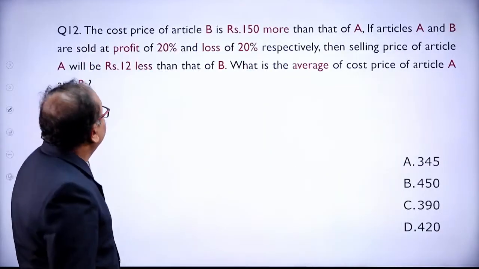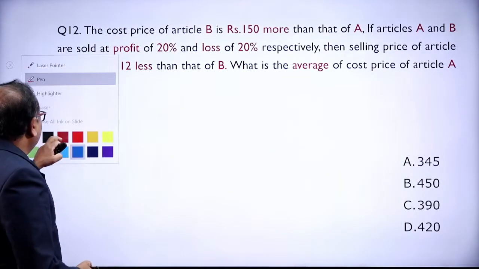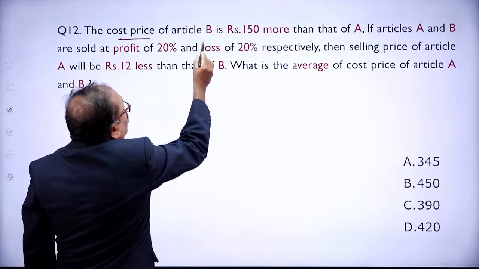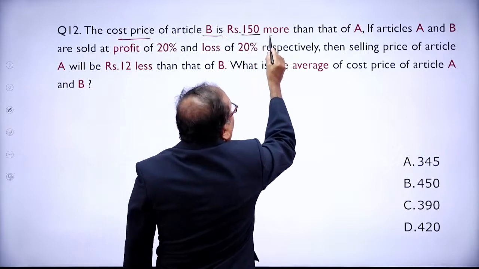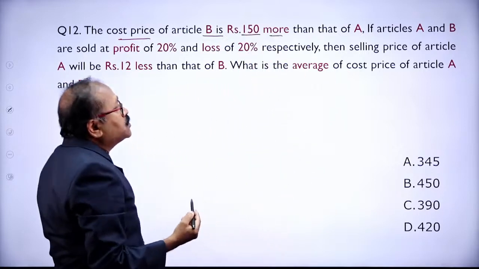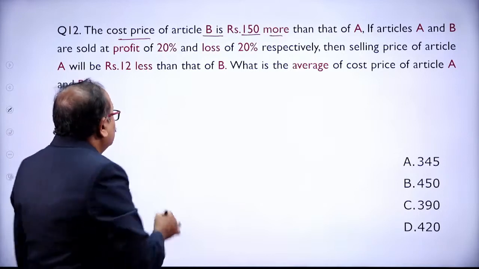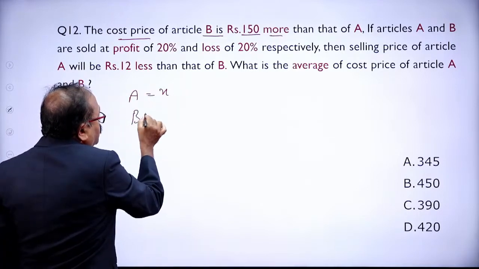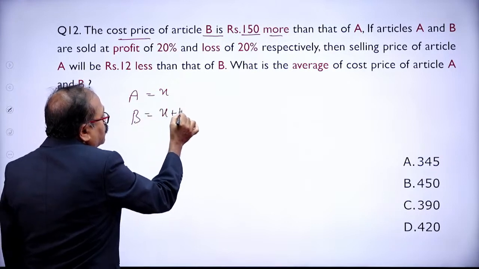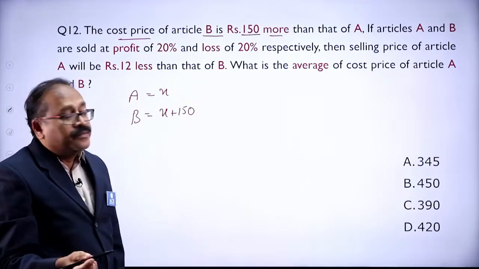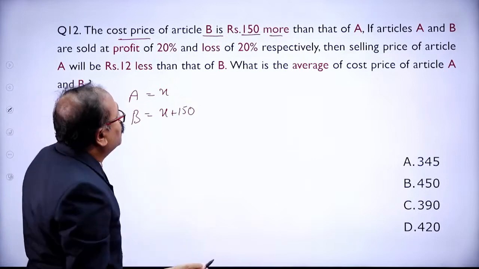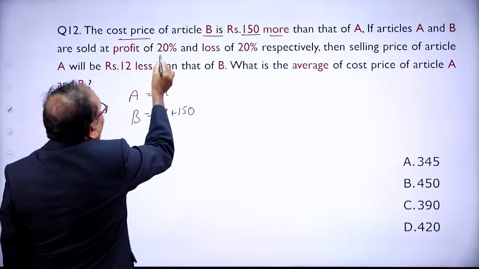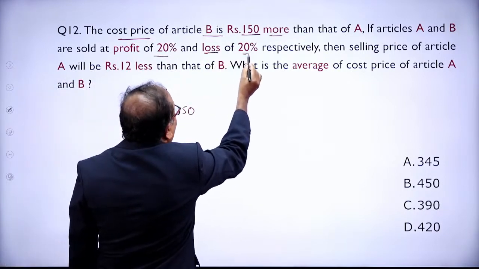Next question. Look at this next question here. The cost price of article B is 150 more than the cost price of article A. So if the article A CP is rupees X, the article B CP is X plus 150. A and B are sold at a profit of 20% and a loss of 20%.